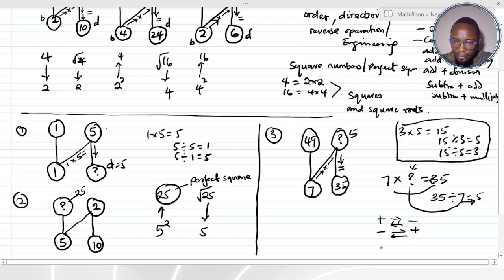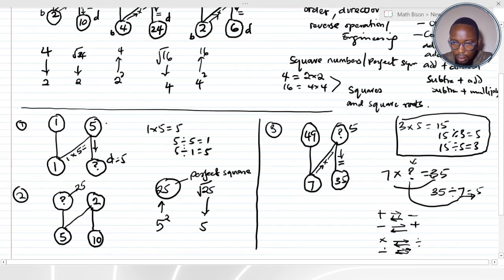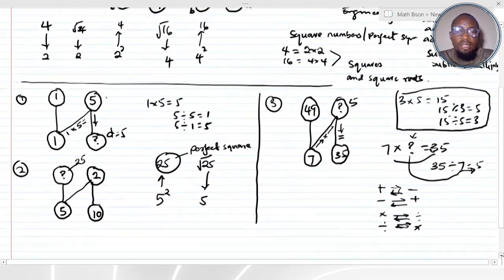And if multiplication takes you to the right, to come back, you need to do what? Division. If division takes you to the right, to come back, you should do multiplication. So don't do the same operation in two directions. It's usually not okay like that, and you can just miss it.